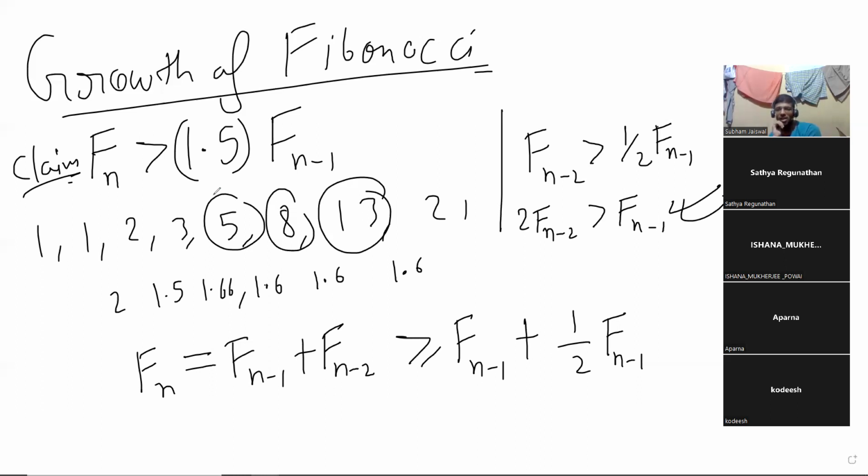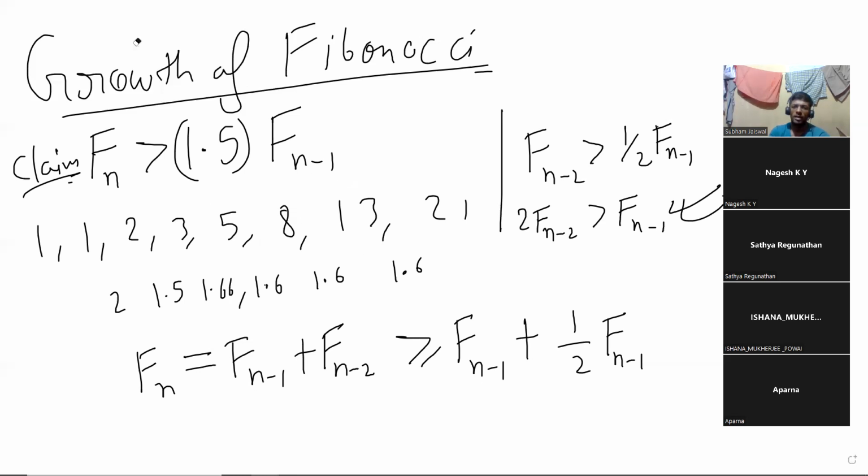You just substitute in the first line: Fn equal to Fn minus 1 plus Fn minus 2, then subtract 1 from the right hand side. In the claim, in that statement, you just subtract.